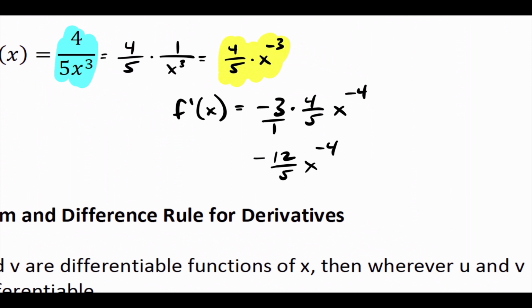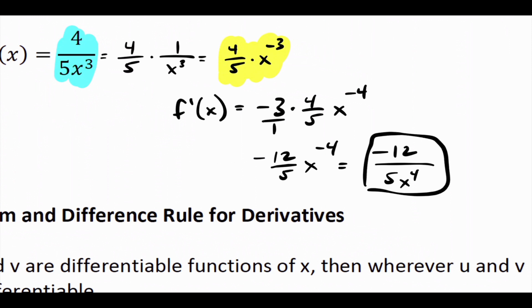And then bring it back down, yeah. So I'd get -12 on top, 5x to the 4th on bottom since it was negative. Okay. Anytime you have a root, change it to a power. Anytime you have a fraction, change it to a power. Okay. Just like this. That's probably the hardest part about that, is being able to do that.